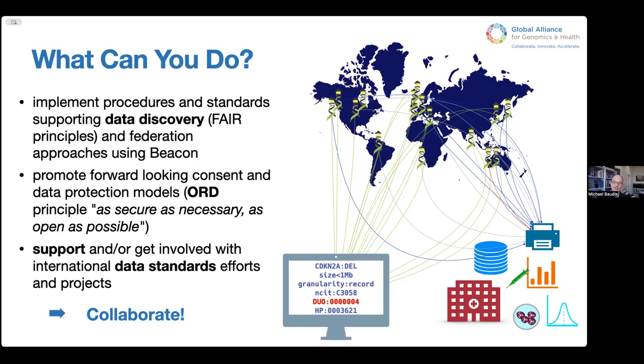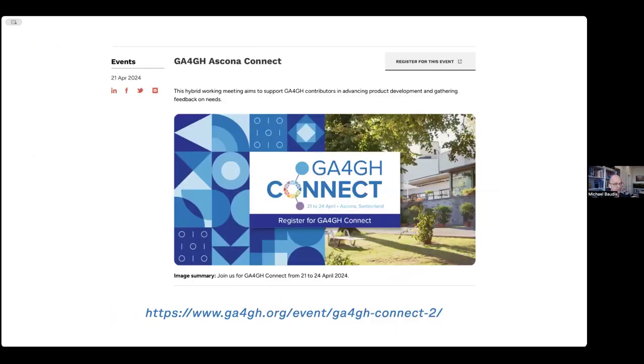So the discovery of the data and access to the data are at different levels, but in principle, make the data as secure as necessary, but as open as possible, according to best open research data practices. And get involved with data standards development so that you yourself can in the end be better served.